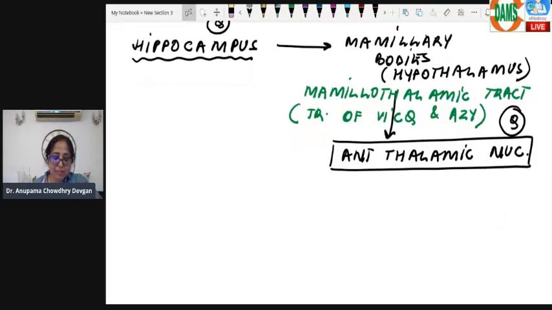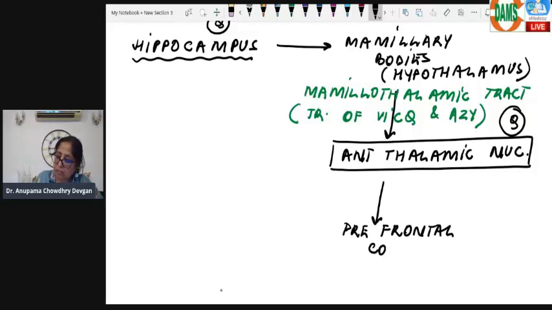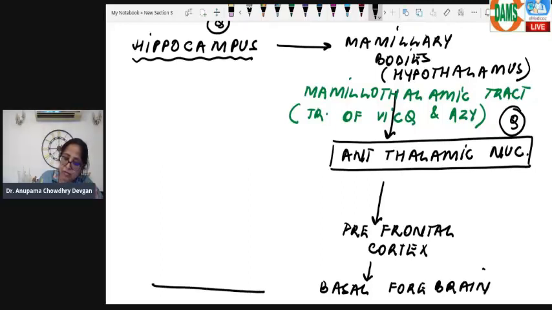Hippocampus to mammillary bodies to anterior thalamic nuclei. From the anterior thalamic nuclei, they can also go to the prefrontal cortex, to the basal forebrain, and back to the hippocampus.